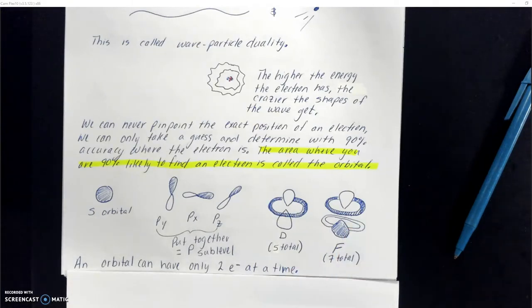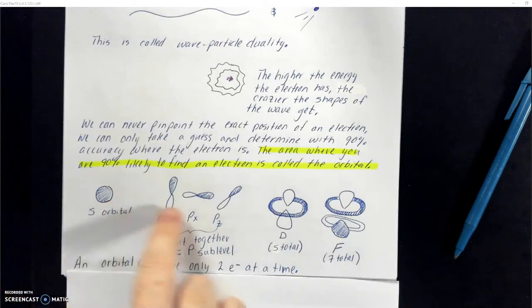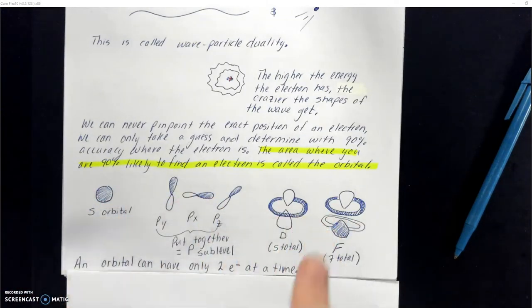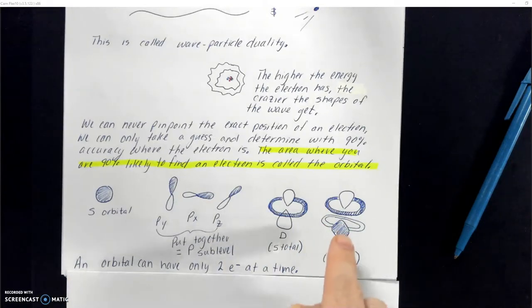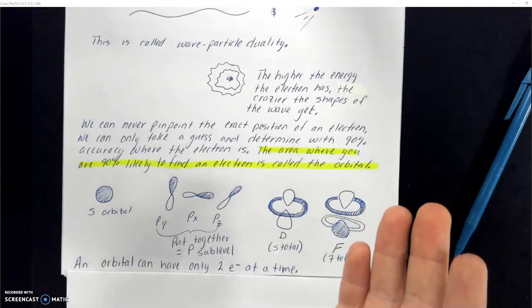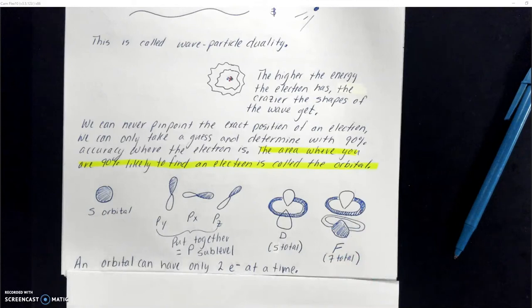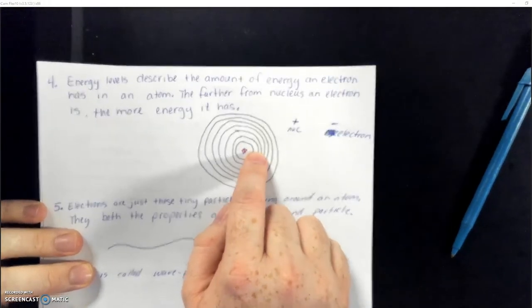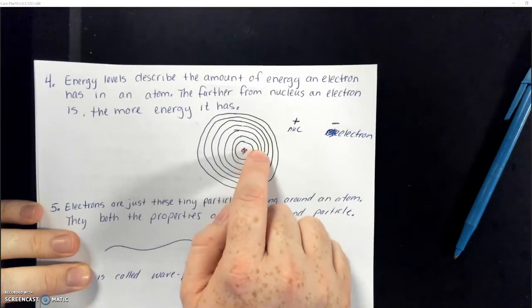As you can see, the shapes of these waves get more complicated the more energy the electron has. And as you get to higher level atoms, you have to fill higher energy levels. If you recall from regular chemistry, we would fill up one ring, then go to the next ring, fill that one up, and so forth.